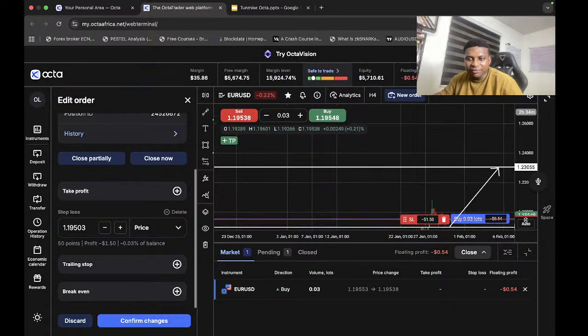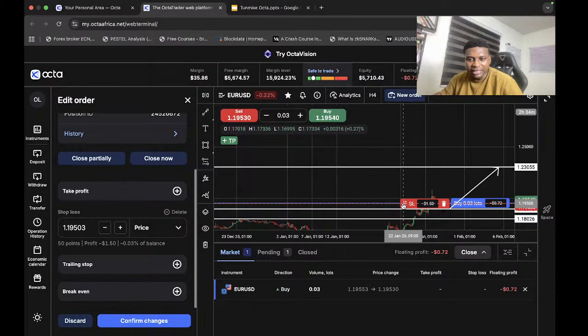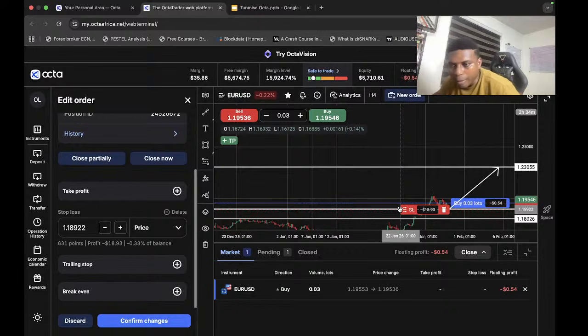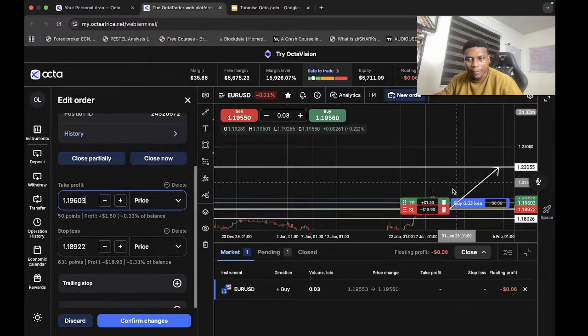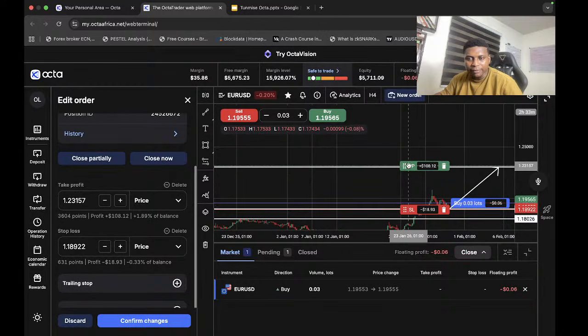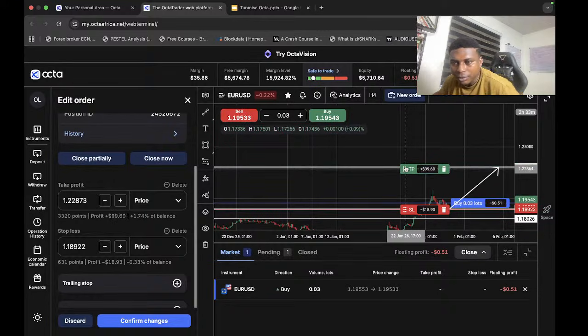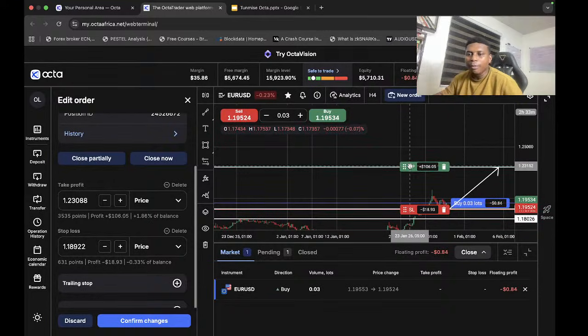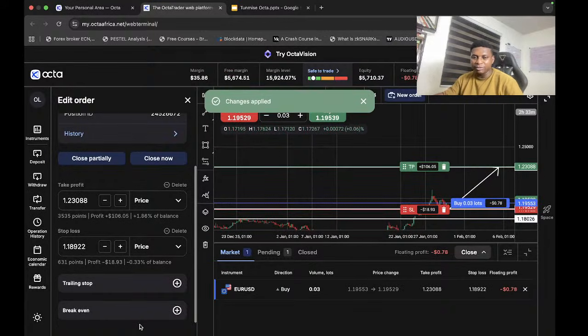Should market reverse, we're going to set a stop loss order at this level at 1.1899922, and we're going to set a take profit level up here at 1.23088. And now that we've done that, we're going to click on confirm changes.